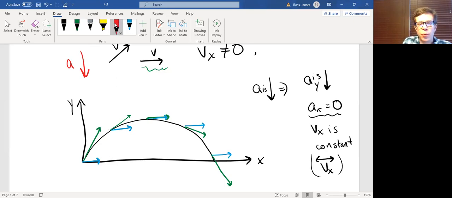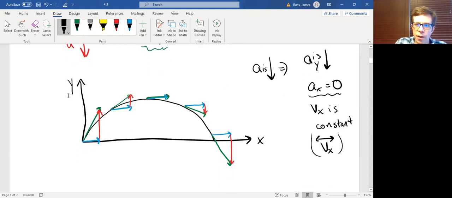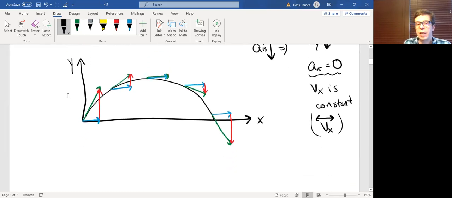What happens to Vy? It starts out upward with a large magnitude and it's slowing down. Here it's 0. And then it's accelerating downward. All right, so if we consider just Vy, what does that graph look like? Let's graph Vy versus t.